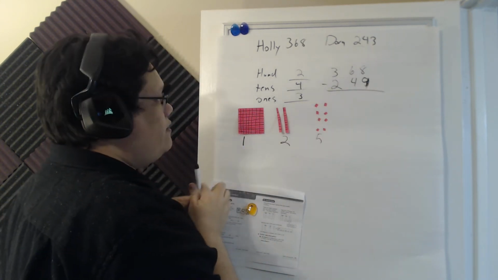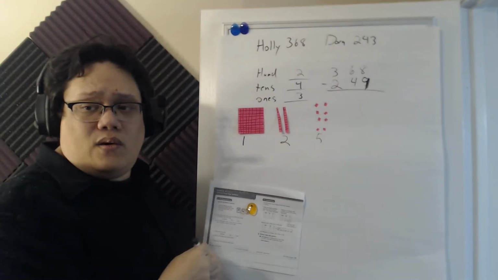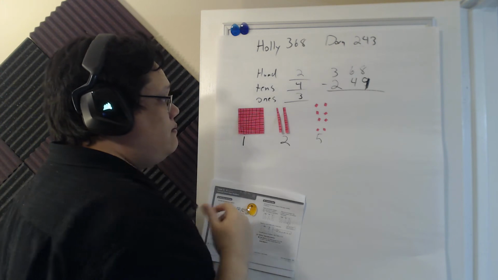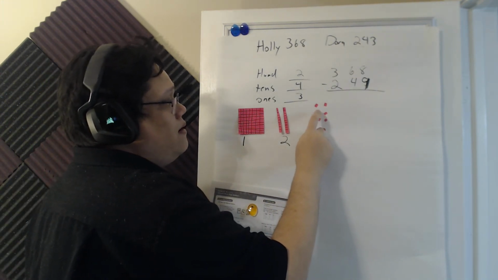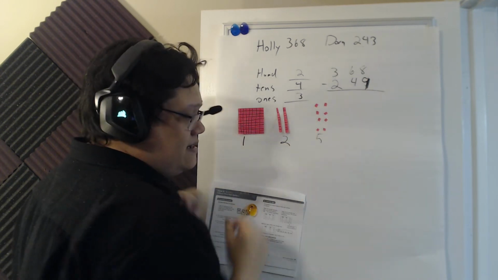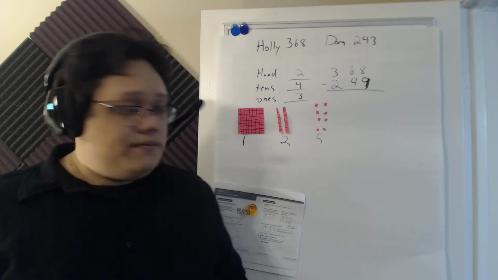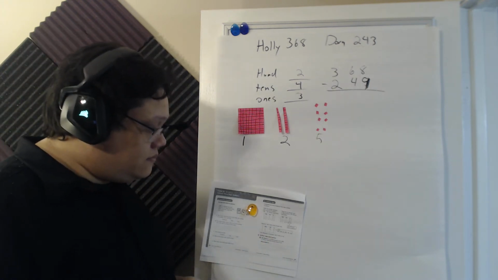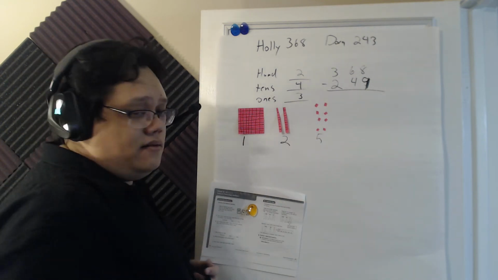How many ones are here is it asking for? It's asking for 9 ones. Okay. 1, 2, 3, 4, 5, 6, 7, 8. Can we take 9 away if we only have 8? No, right? There's not enough to take away there.